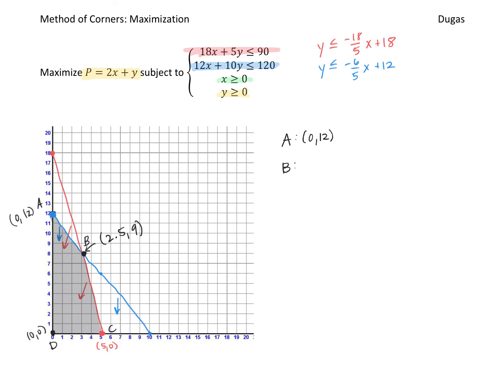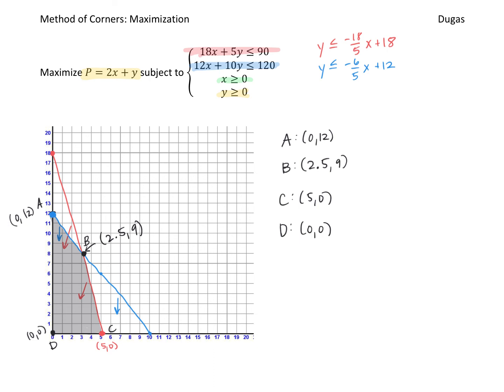Point B is (2.5, 9). Point C is (5, 0). And point D is (0, 0). So these 4 points give us our possibilities for maximizing the function p is equal to 2x plus y.